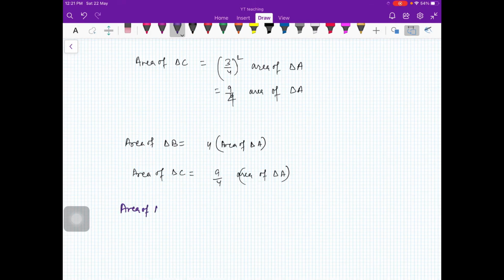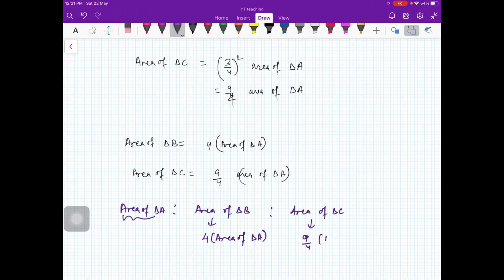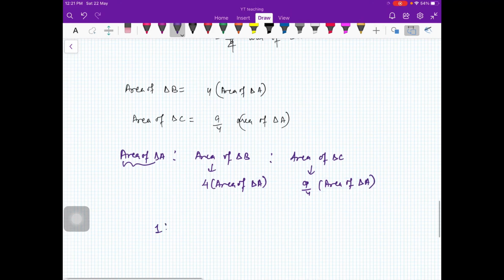So we can say that area of triangle A is to area of triangle B is to area of triangle C. What is the ratio? Keep it as such. This is 4 times area of triangle A, and this is 9 by 4 times area of triangle A. Therefore, you get 1 is to 4 is to 9 by 4, right? So you have this ratio as 4 is to 16 is to 9, right?